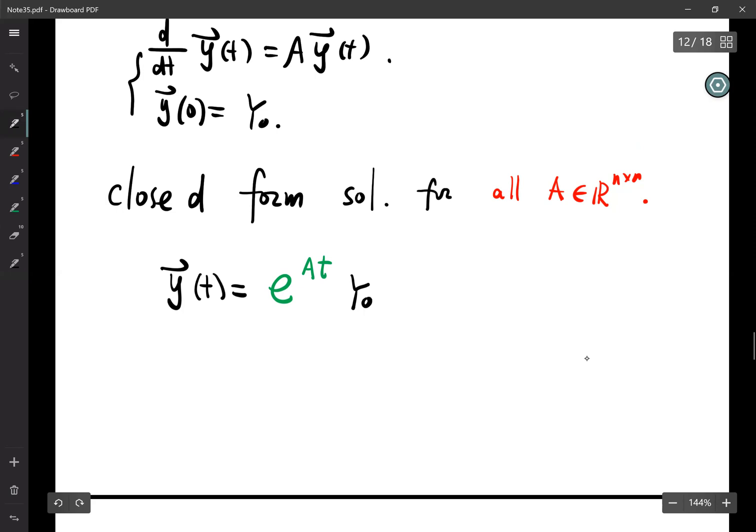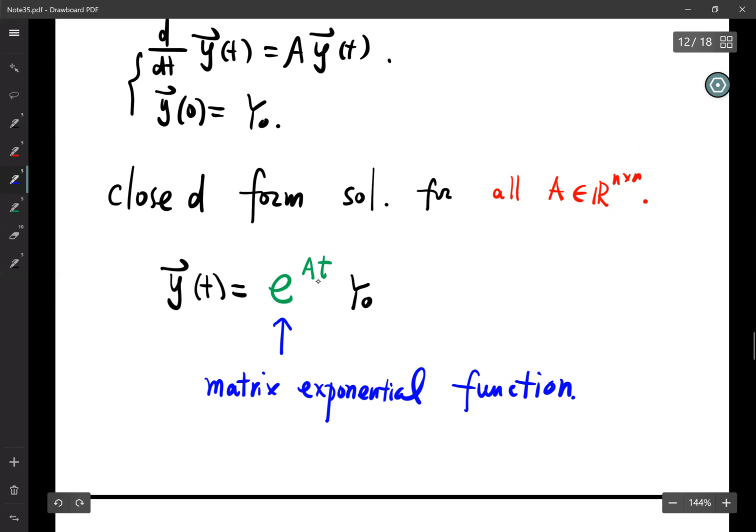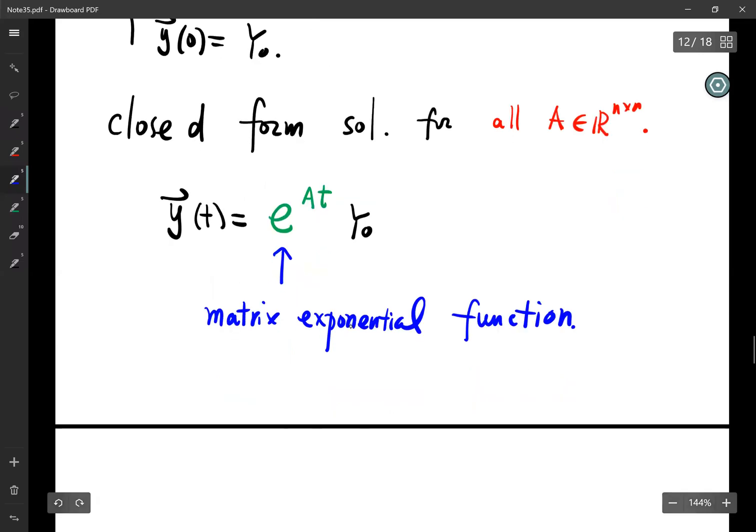Okay, so I put this exponential At, this is called matrix exponentiation or matrix exponential function. So first of all, of course, how to define this matrix exponential function at all. I don't think we have enough time to talk about this topic in this class, because we also have the partial differential equation to worry about, but it is a pretty cool fact.